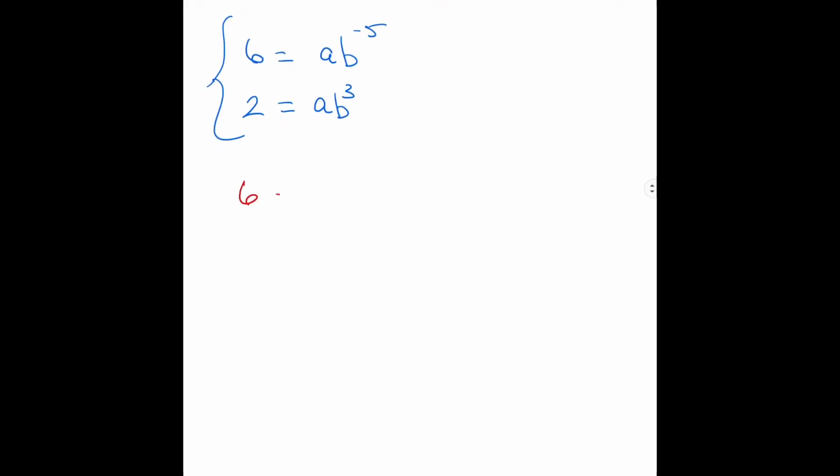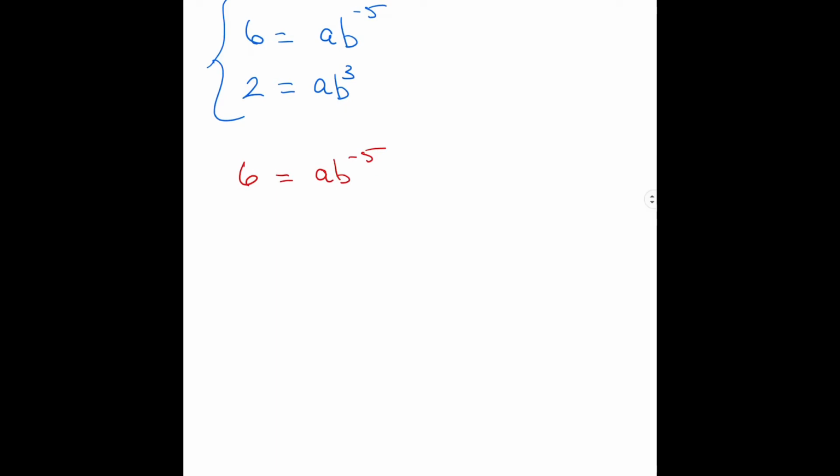So 6 = ab^(-5), and I'm going to solve that one for a. If I multiply both sides by b^5, then the right-hand side will simplify, because b^(-5) times b^5 is b^0, which is 1. So I'm going to have 6b^5 = a.